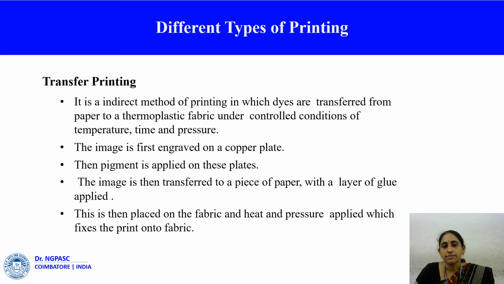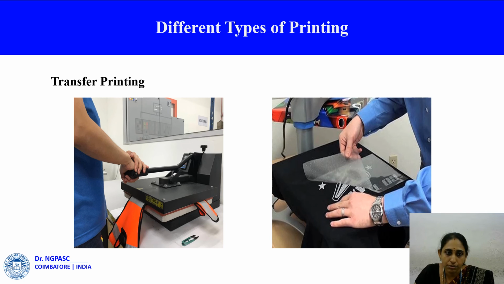The image is first engraved on a copper plate. Then pigment is applied on these plates. The image is then transferred to a piece of paper with a large layer of glue applied. This is then placed on the fabric, and heat and pressure are applied, which fixes the print on the fabric. In this image we have shown the transfer printing method.